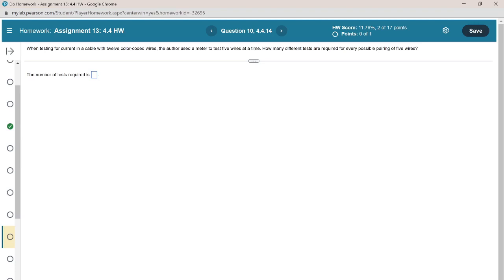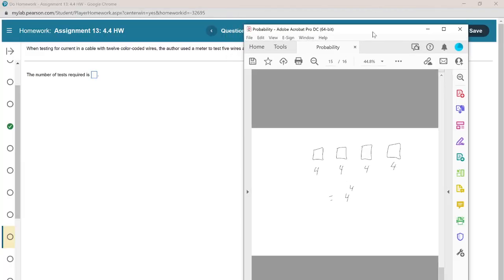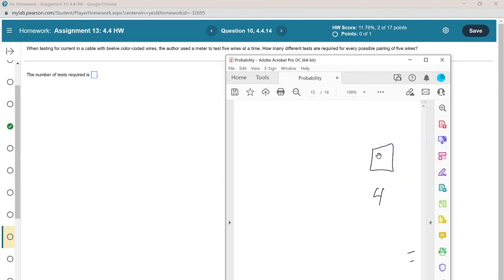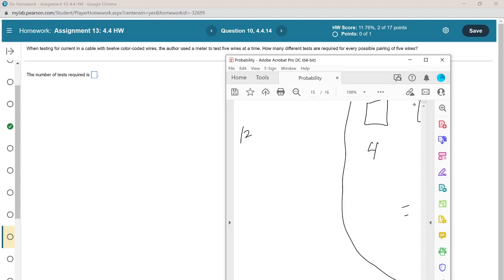When testing for current in a cable with 12 color-coded wires, the author used a meter to test 5 wires at a time. How many different tests are required for every possible pairing of 5 wires? In this problem, there are 12 wires, and out of 12 we need to make a group of 5 wires.